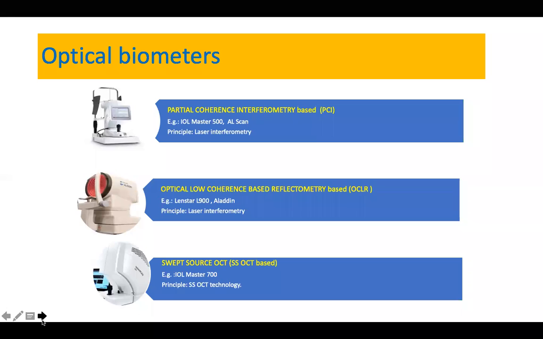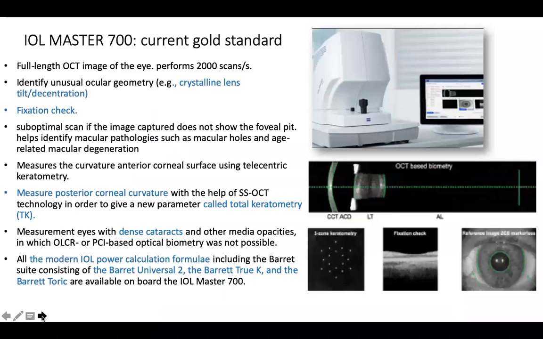The examples of each being the IOL Master 500, which is the PCI-based optical biometer, the Lenstar or the Aladdin, which are the OLCR-based biometers, and the latest advancement being the swept-source OCT-based biometers, which is the IOL Master 700. Next slide, sir. So let us see why the IOL Master 700 is considered a gold standard.